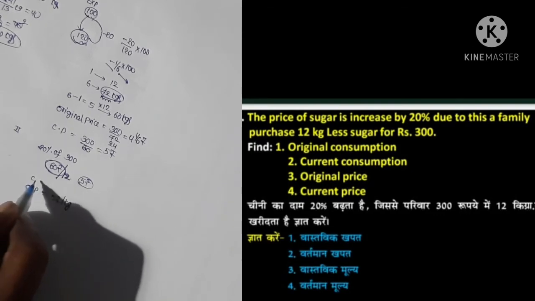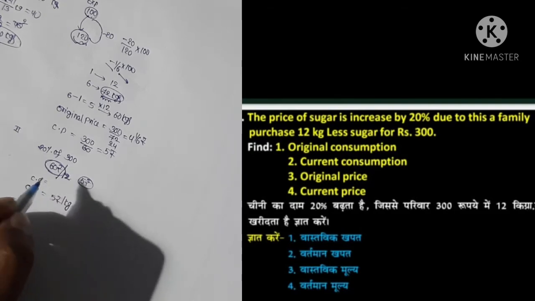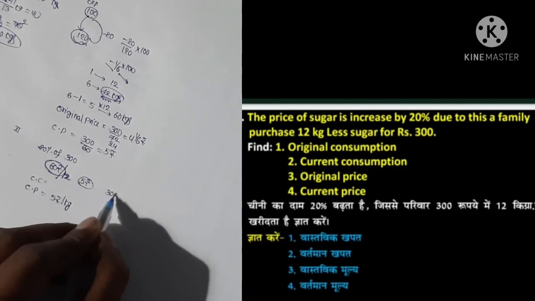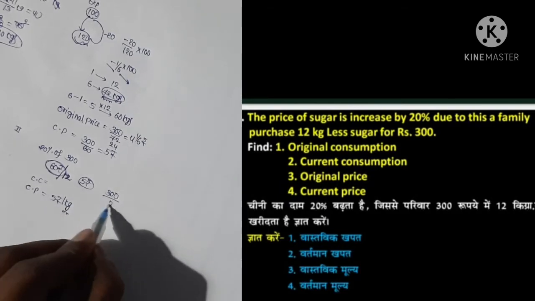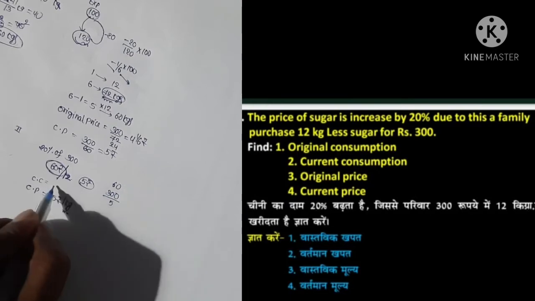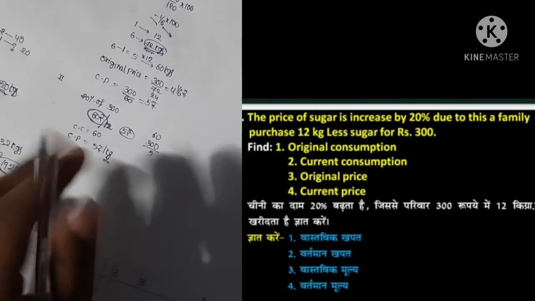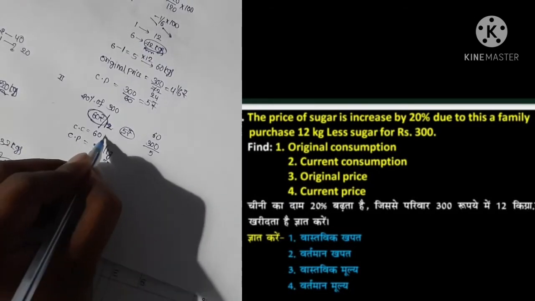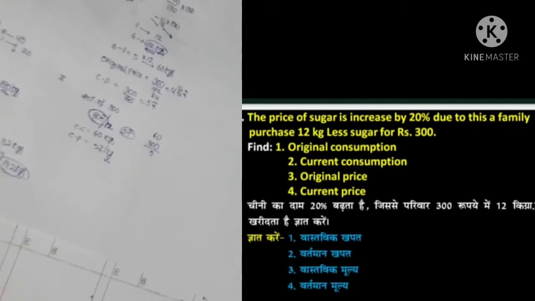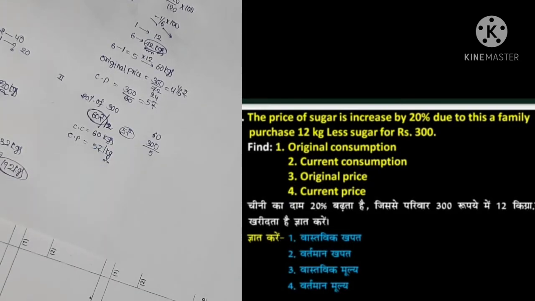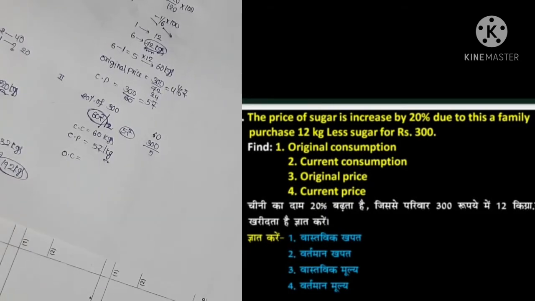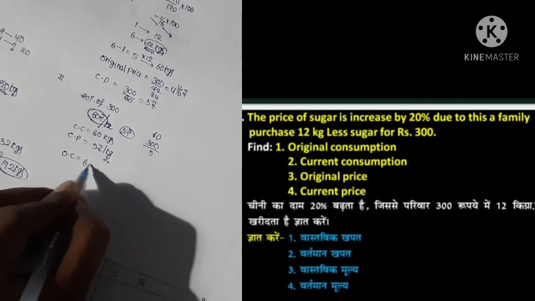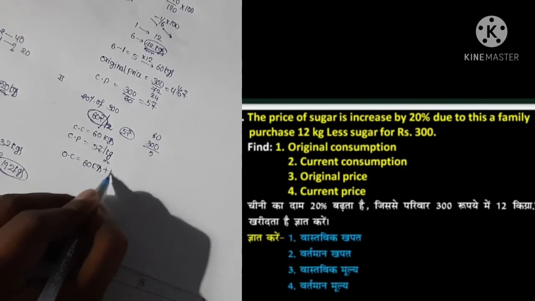So current consumption is, so total value is 300 rupees. For 1 kilogram 5 rupees, 300 by 5, so value is 60. So current consumption is 60 kgs. So original consumption is 60 kgs plus 12 kgs.